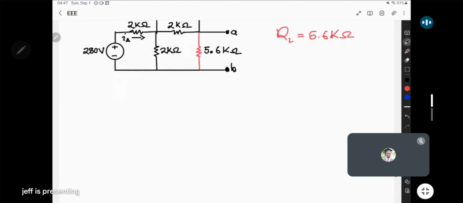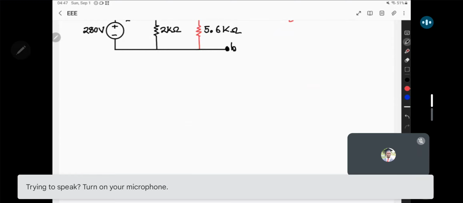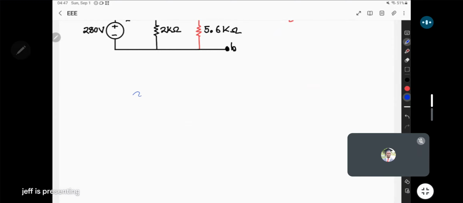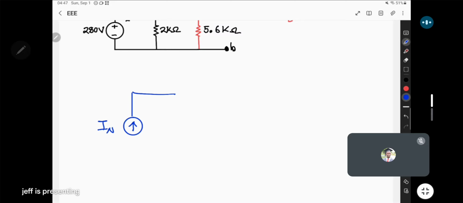So in Norton's theorem, what do we need? If you recall, for Norton's equivalent circuit, we want to reduce a circuit so that we have a Norton's equivalent current source, I Norton, connected in parallel to a Norton's equivalent resistance, and then this will be parallel to the terminals AB.